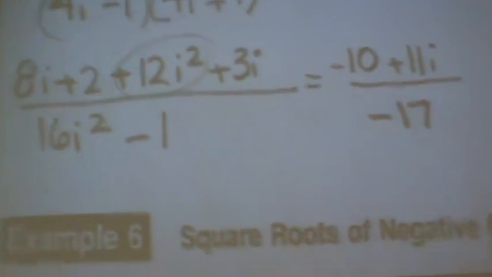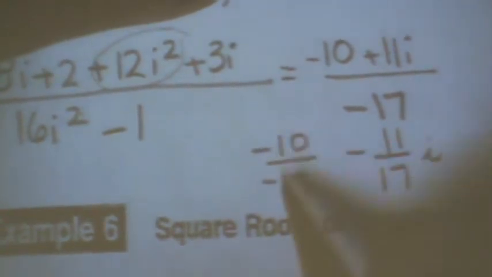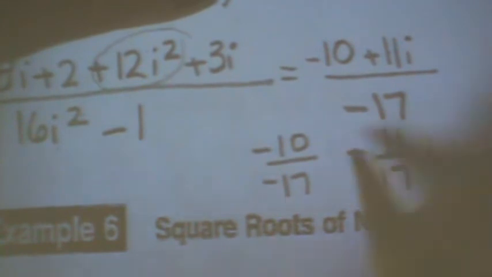Now if you break this up into negative 10 over negative 17 and then minus 11 over 17i, these cancel out, so you have 10 over 17 minus 11 17ths i. So those two can cancel out.